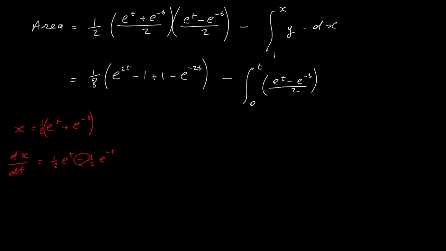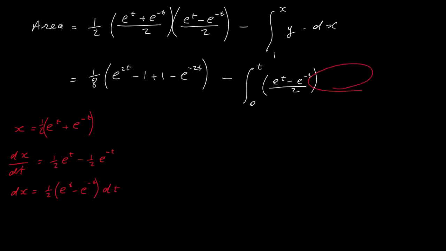The reason for the minus here is that if we differentiate this, we need to differentiate the power as well, and we'll get minus 1. Bring it down in front, so that changes that to a minus. Multiply across by dt, we get dx is equal to a half e to the power of t minus e to the power minus t dt.